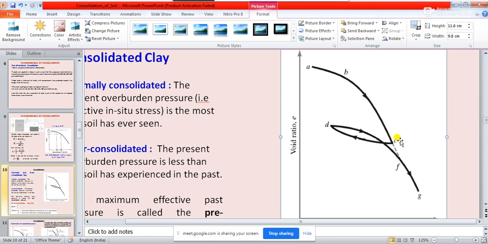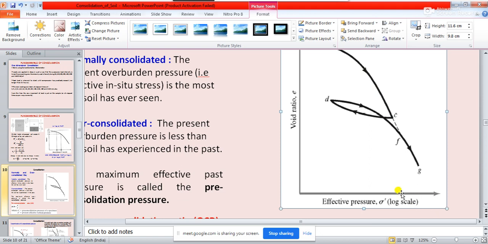But a point will come, at a particular void ratio and a particular effective pressure, where this curve will rebound back. You see it is going back like this, and then it will again come back following this path. If you match this curve and this curve, it is almost looking like normally consolidated clay.